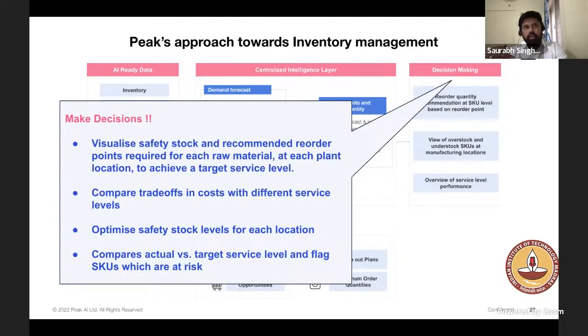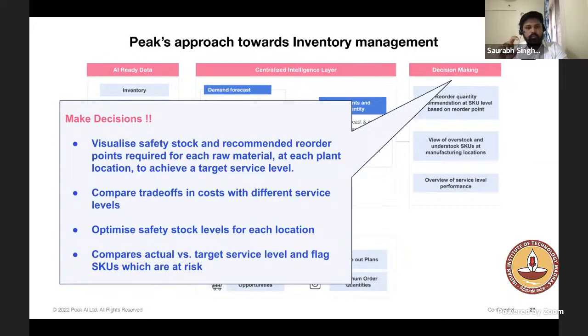They can also reorder with the recommended reorder quantity, and at what point they need to reorder, and how much safety stock they need to keep. They can also view, given the model output and their unique business guardrails, which SKUs or products are currently overstocked or understocked at their different manufacturing locations.